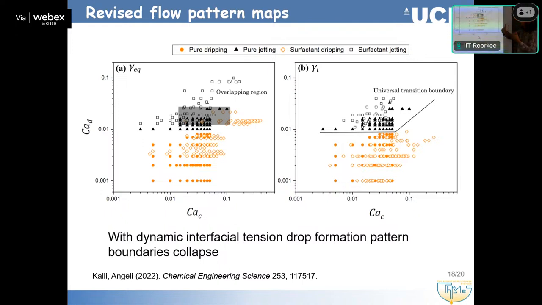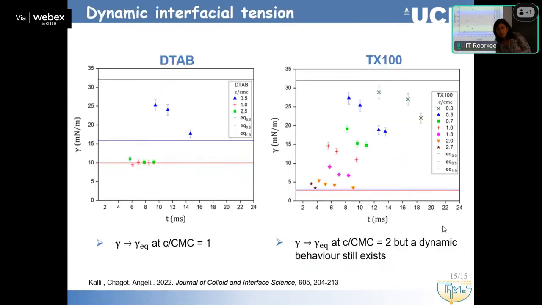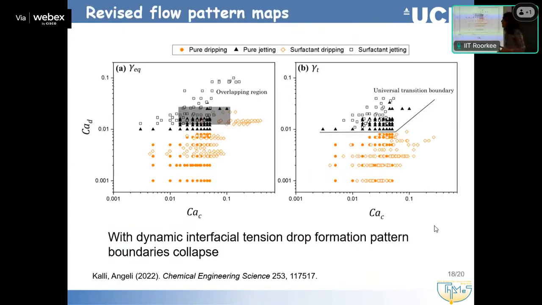However, when we replot the map, now using not the equilibrium interfacial tension values, but the gamma we calculated here, we managed to have a nice separation, which was nice. Because this is the Holy Grail.